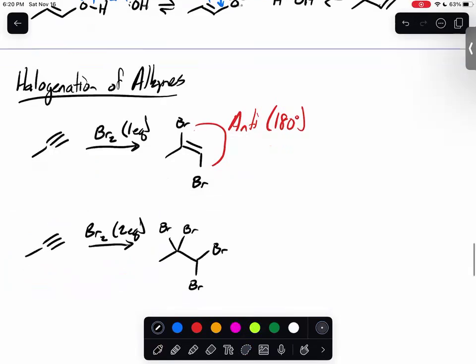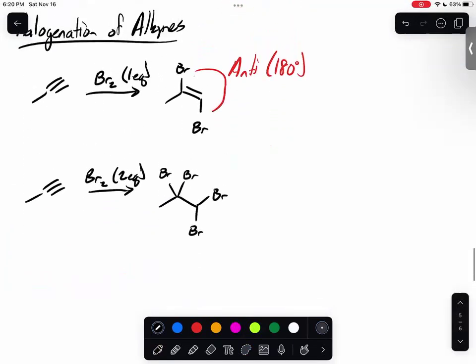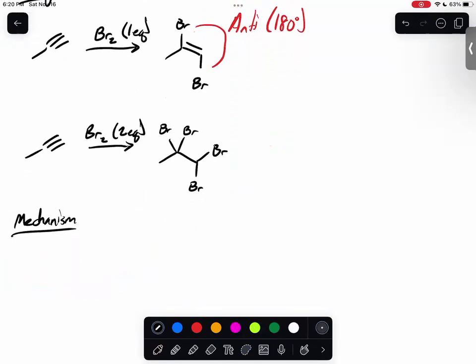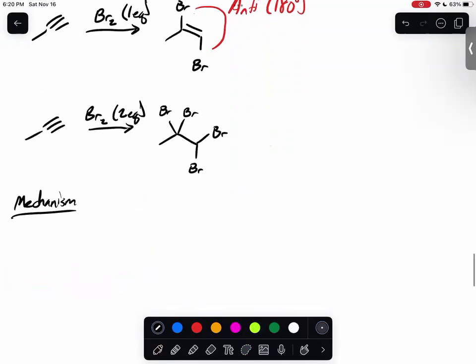So, looking at the mechanism behind this, this likely will not surprise you on how it works because it is the exact same as we saw for our other halogenation reaction, where if our alkyne comes in contact with bromine, just like in alkene chemistry, it will attack one of the bromines. That bromine will attack back and kick out the other bromide.